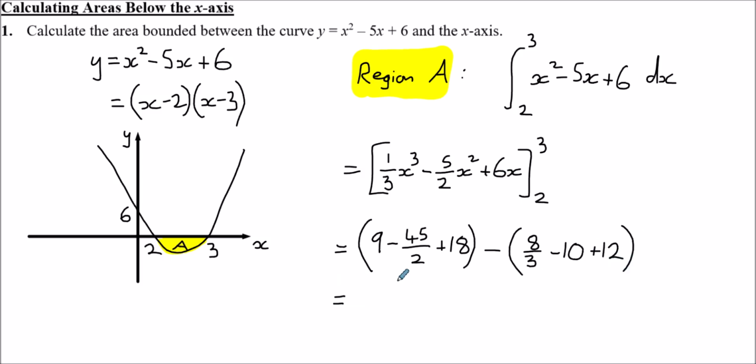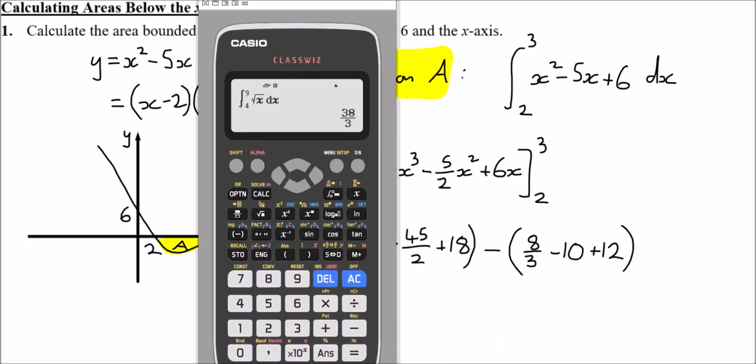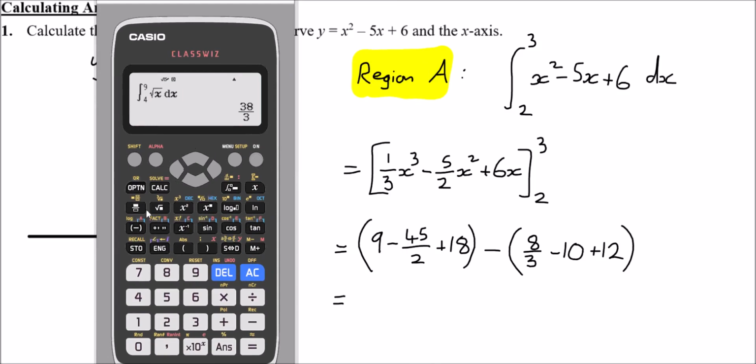So if we key this in, here's what we get. So first of all, 9 minus 45 over 2 plus 18 minus off 8/3 minus 10 plus 12.